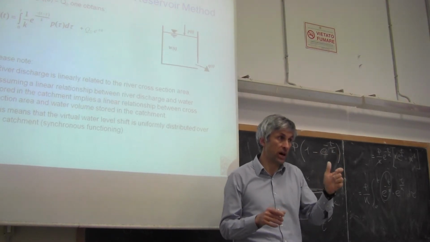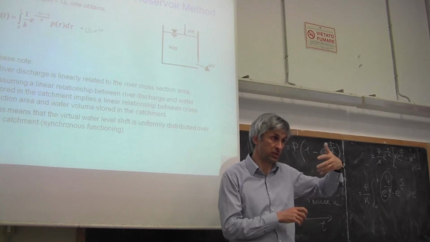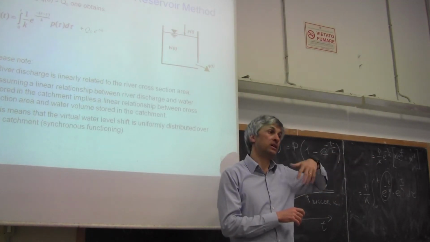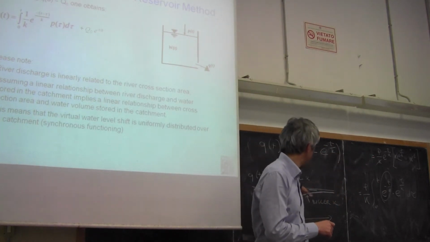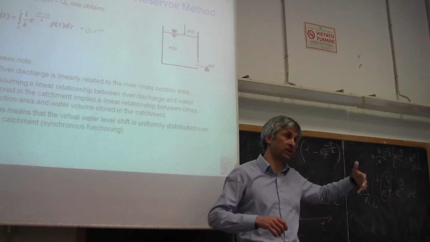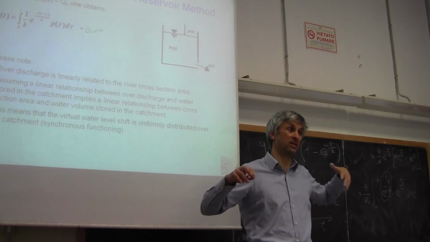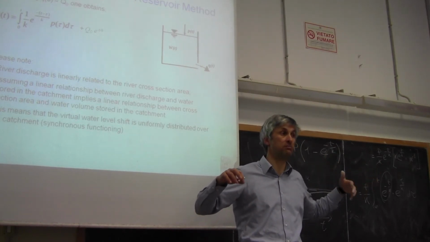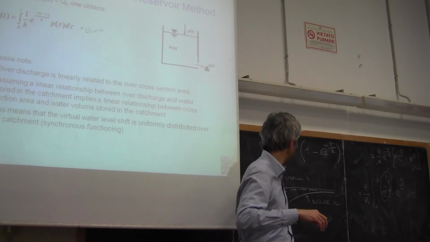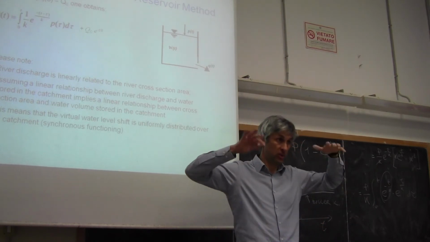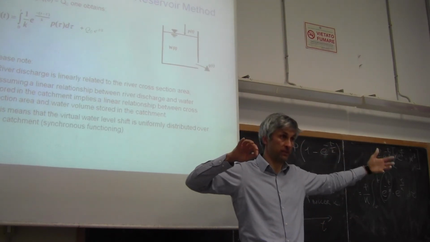And the time required to get to this situation is larger if you have a significant storage. So if you have a catchment with a very reduced storage, like an impervious catchment, you get to this equality of rainfall and discharge very quickly.